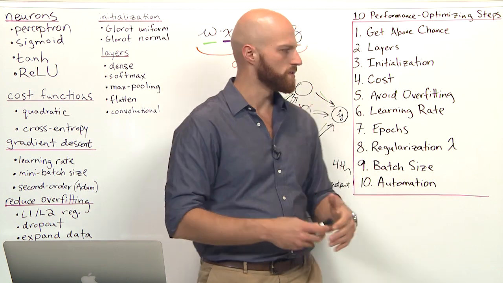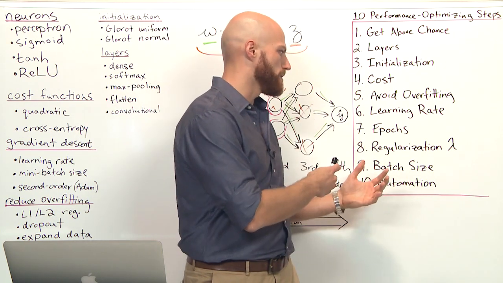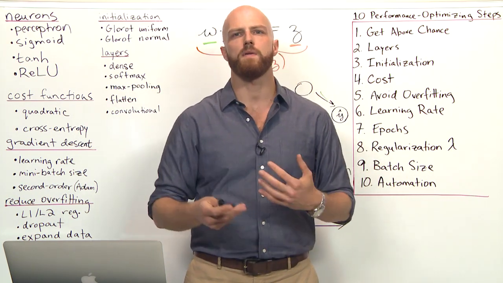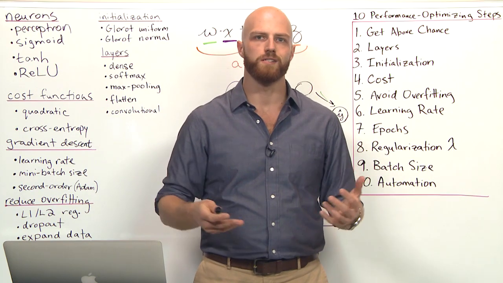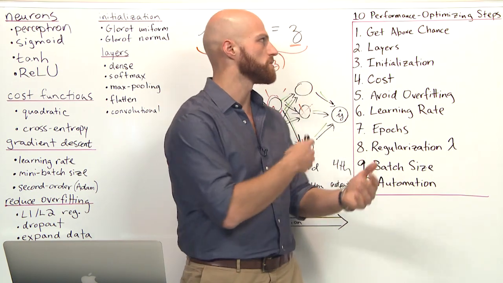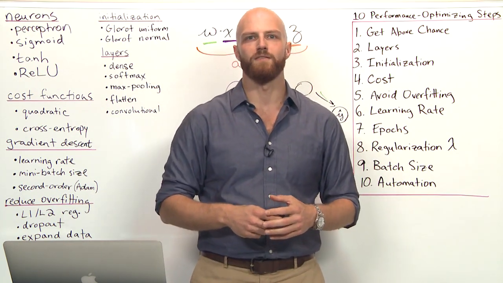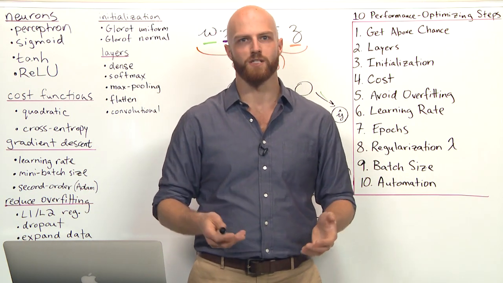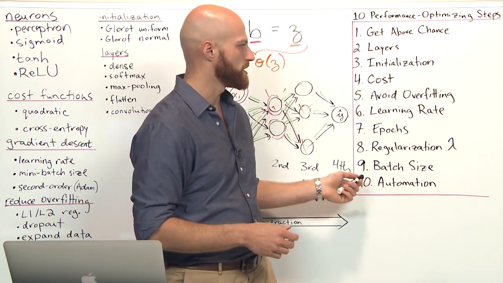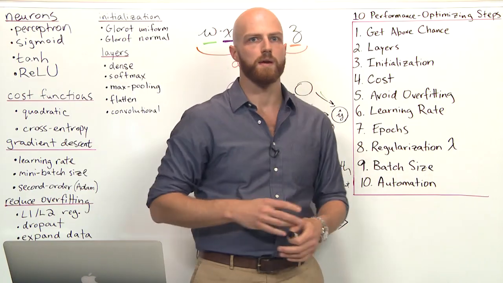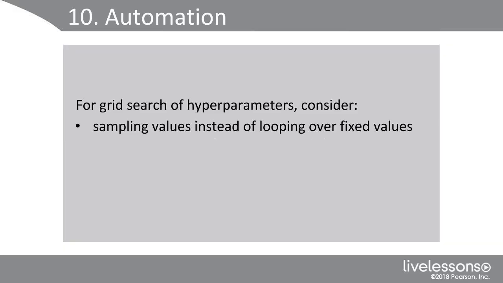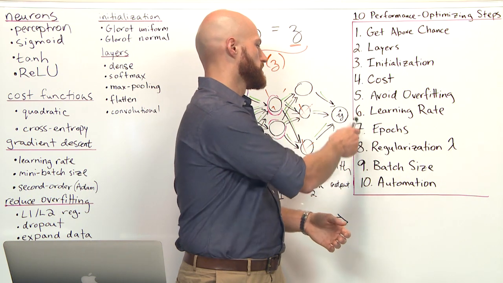Because of all of this going back and recalibrating, doing this manually can involve dozens of iterations over this process. If you think that's a bit arduous, there is a solution. There are automated techniques for playing around with your hyperparameters. You can use what's called a grid search to explore various changes in these hyperparameters, particularly hyperparameters 6 through 9.